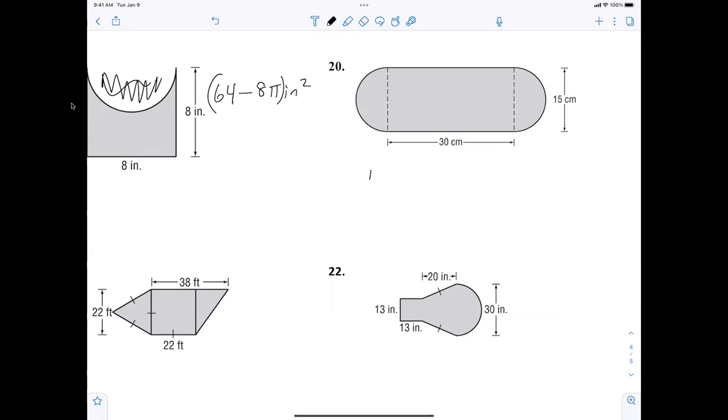So in my opinion, we should just go area equals, what's the formula? Length times width plus pi r squared. I like it. So I'm waiting. Exact answers. 450 plus 56.25 pi.